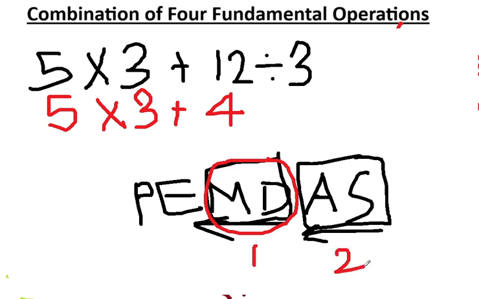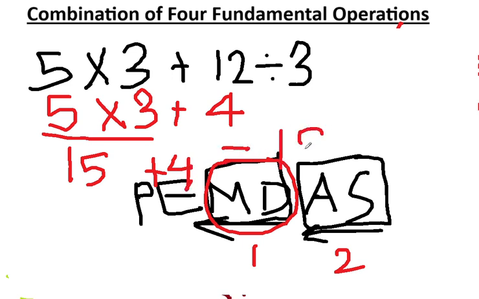Addition and subtraction is the second preference. So I'm going to do the multiplication next. 5 times 3 gives us 15 plus 4 would give me a 19. So 19 is my final answer according to the rule of PEMDAS, which is followed in the United States of America.